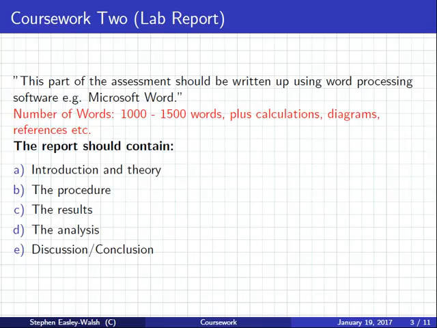Yeah. But also, in the discussion and conclusion at the end, you must talk about what else you could do in the future to minimize the error. You know what I mean? Like if you could do it again. But we'll look at more detail in each section now.